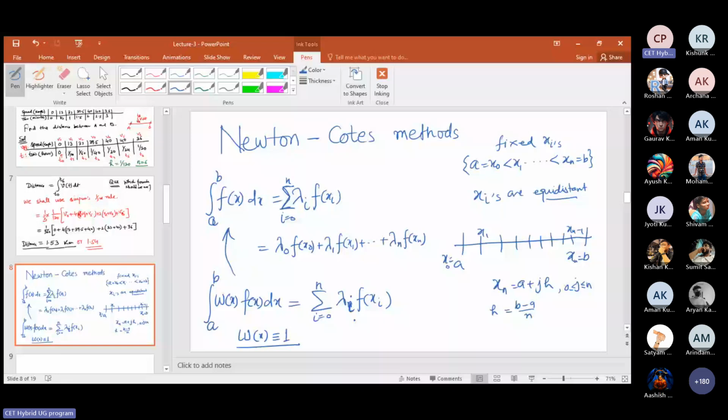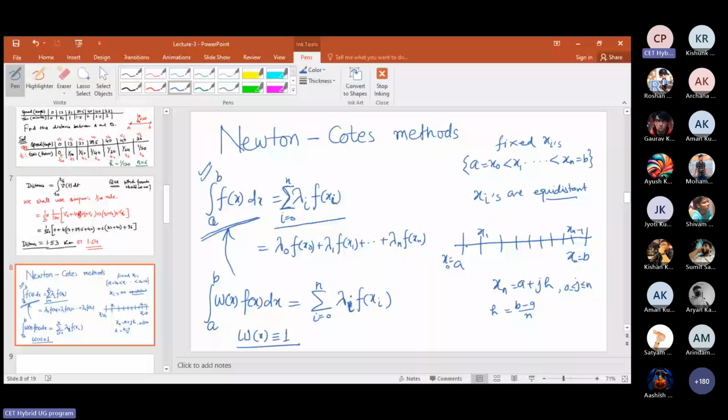Why am I telling you all this? Because I am going to generalize this idea, what I have discussed right now. The point which I'm trying to make here is that an integral, when you are evaluating it numerically, is nothing but a linear combination of the values of the function evaluated at different points in between a and b.